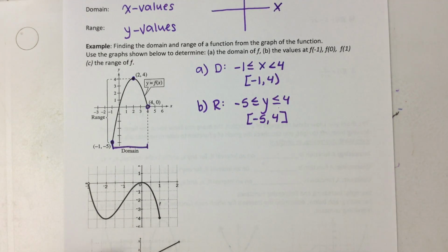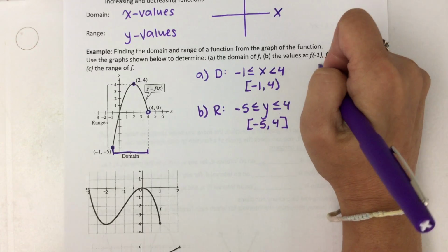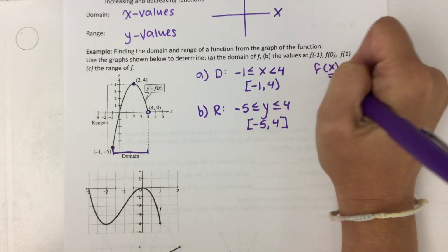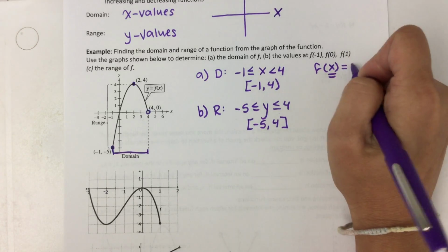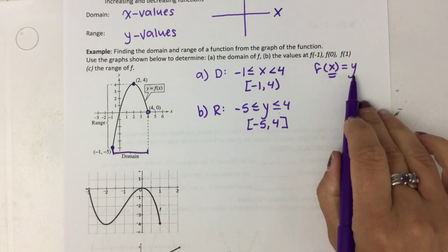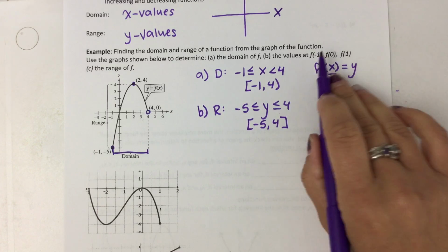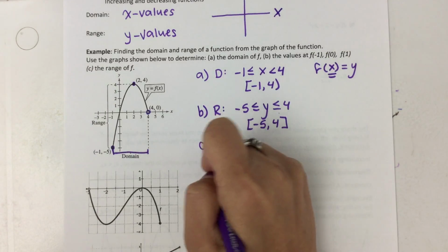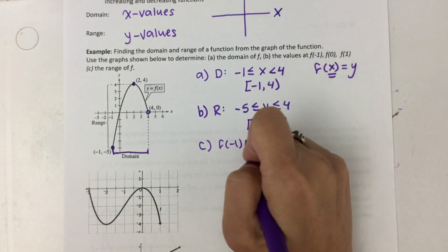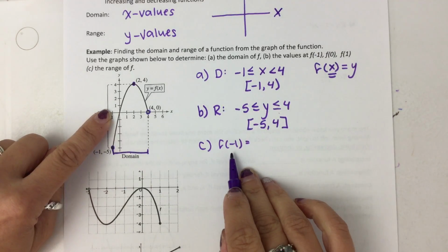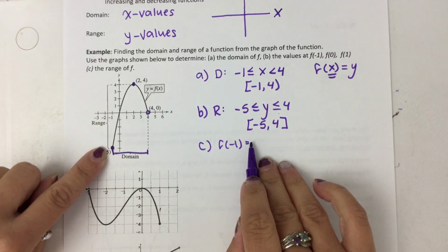Now here's a fun thing you can do with graphs as well. Remember the notation f of x. If I have f of x, what they're actually telling you after that is the y value. So if I have f of -1, what they're telling us is that the x value is -1. If I go to the left 1, what they want to know is what is the y value.